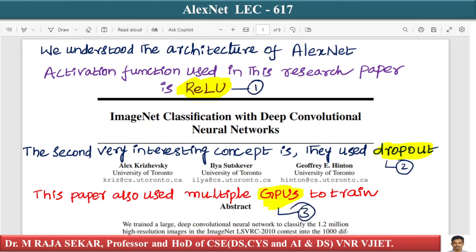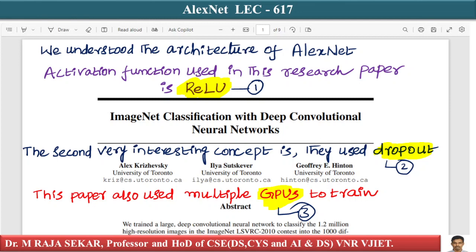These three, ReLU, dropout, and GPUs, are very interesting things that the AlexNet paper used, isn't it? AlexNet was one of the first big success stories that used all these three concepts. But this is important.